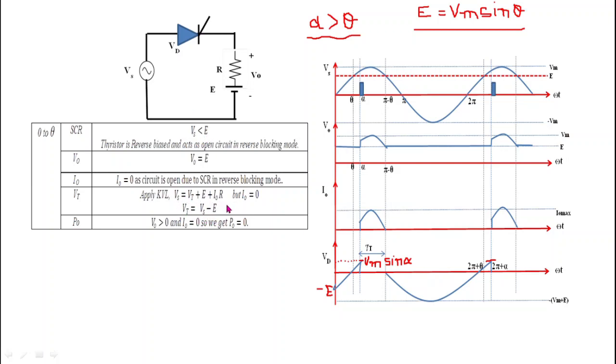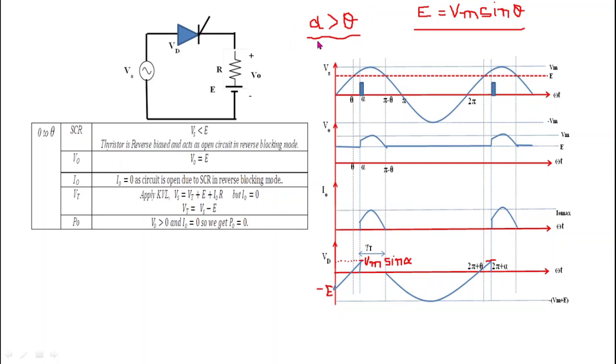So when thyristor voltage is negative before theta, if we fire this thyristor, it will not get turned on because it is reverse biased before theta. That's why we have to fire the thyristor after theta. That's why we can conclude from this that alpha is always greater than theta.